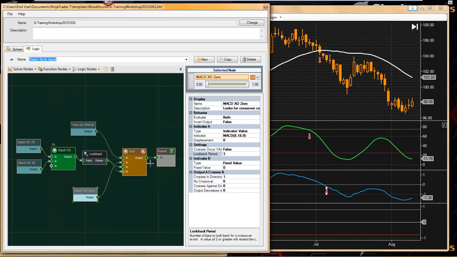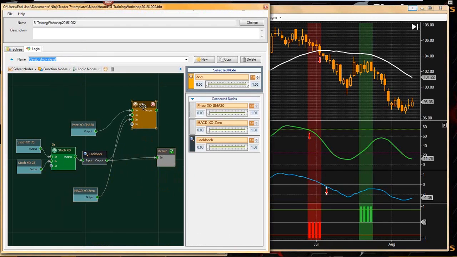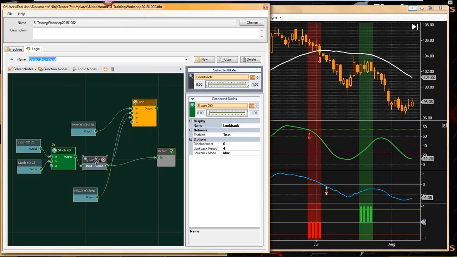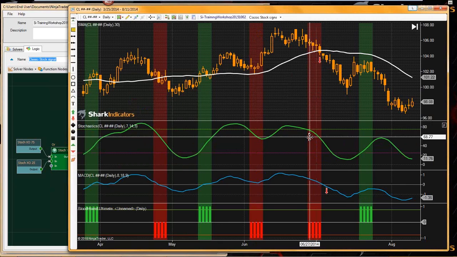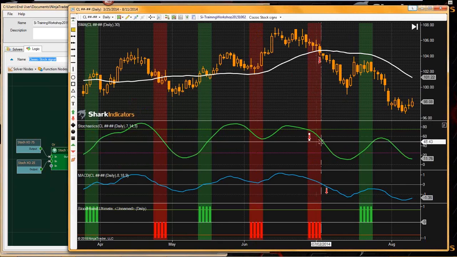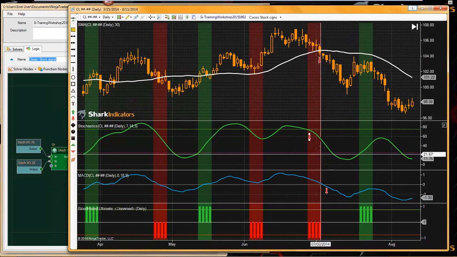Let's see. Oh, look at that. Okay, so what I'm looking at is the lookback for the stochastics. We can see we got our stochastics, and it's extended forward for 4 bars, but it's not enough.